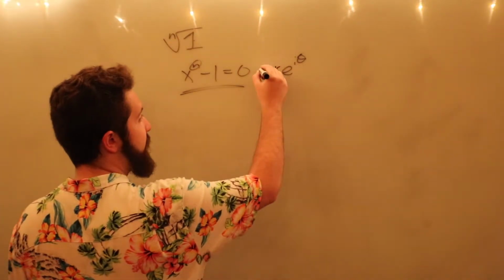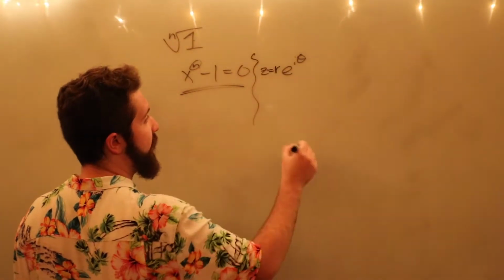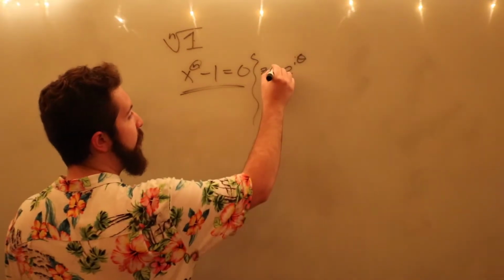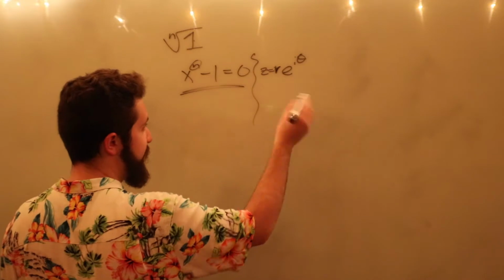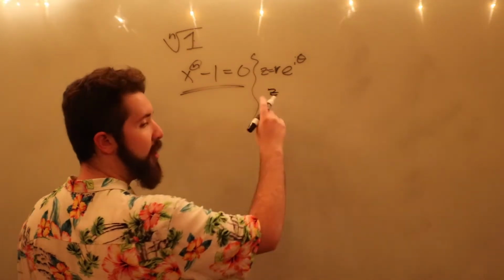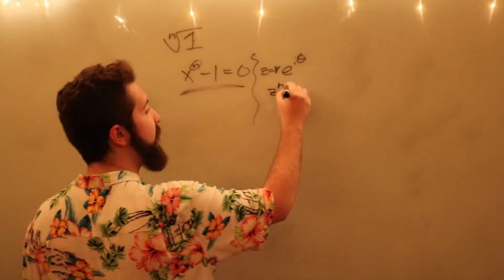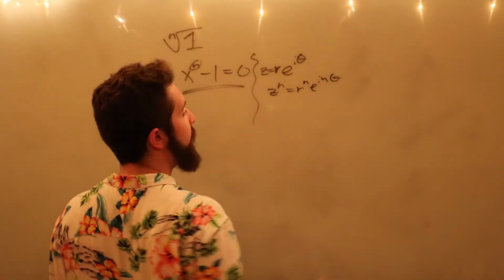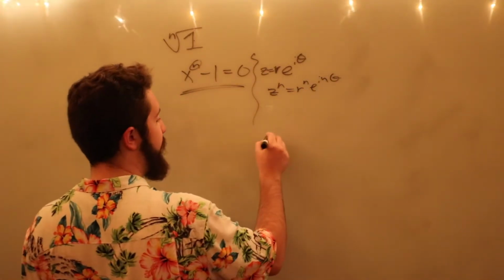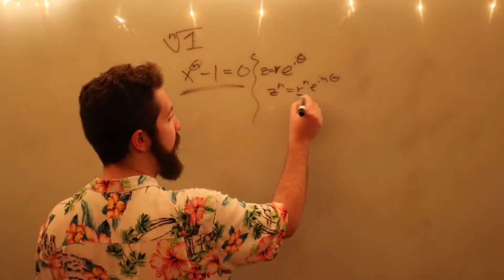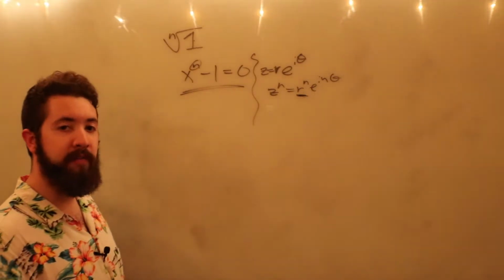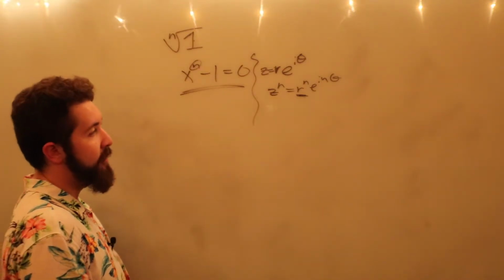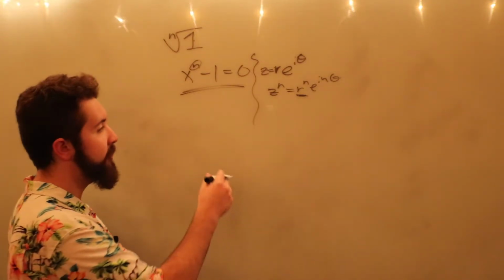The number r, I said you could write z equals r e to the i theta for any complex number. r has to be 1, because if it's not, remember by de Moivre, z to the n is equal to r to the n times e to the i n theta, so it's going to be further than 1 away from the origin when you take the nth power of it if r is greater than 1.